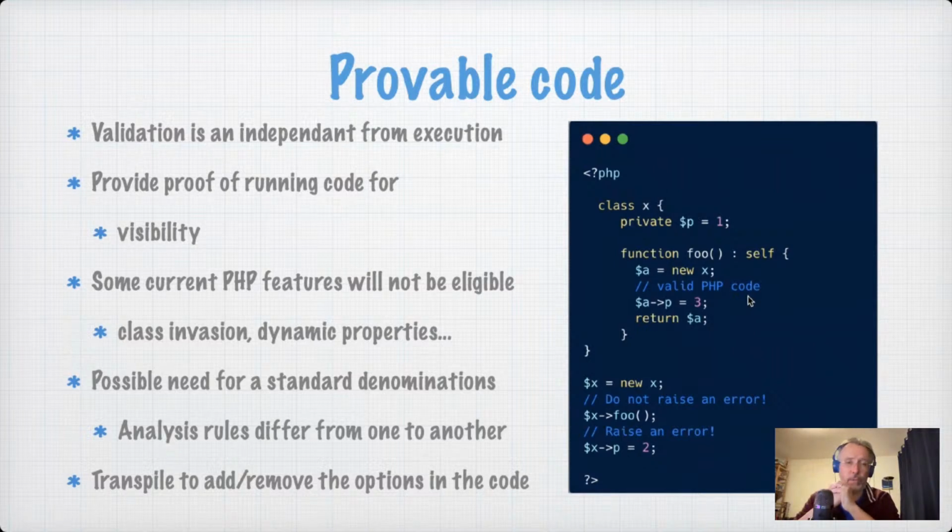That's just a feature from PHP. So to prove the code, we probably have to drop a number of features which would make the analysis too complicated, or would require more research and development later to be able to handle them with a little more precision and success.